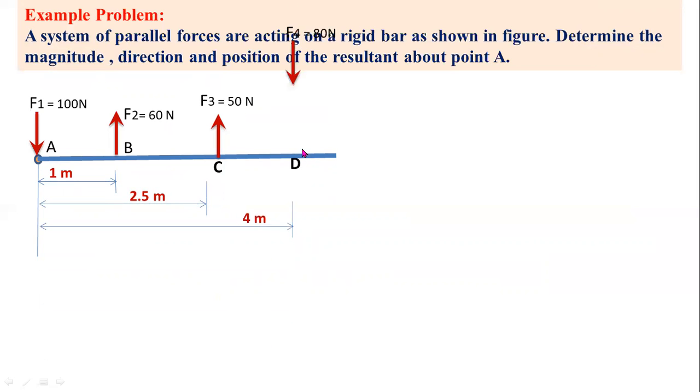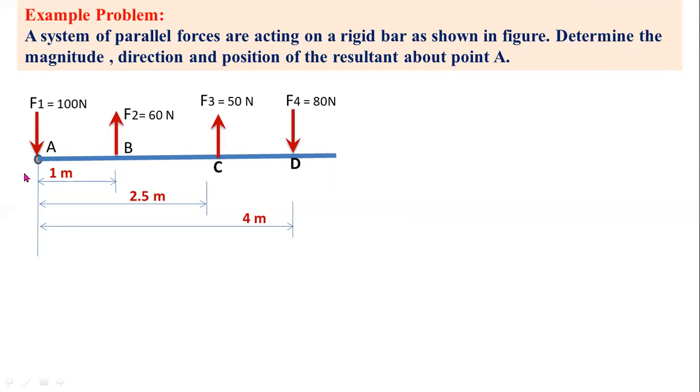And this is the force F4 equal to 80 newtons, acting at a distance 4 meters from the point A. Here there are 4 forces acting on a rigid bar.